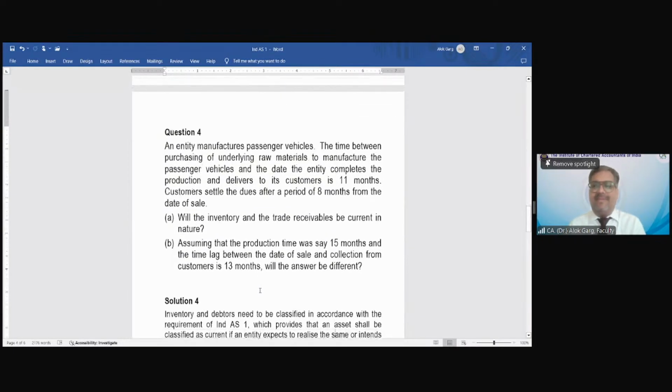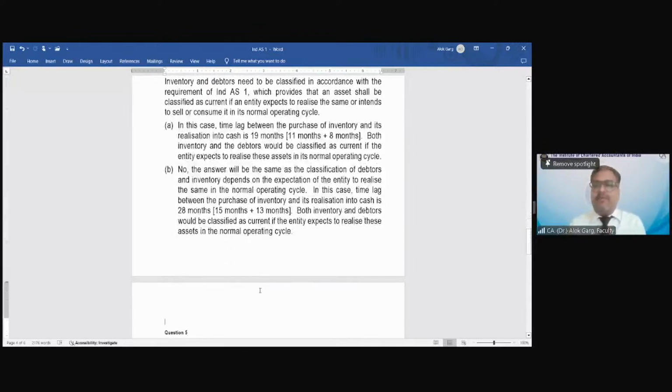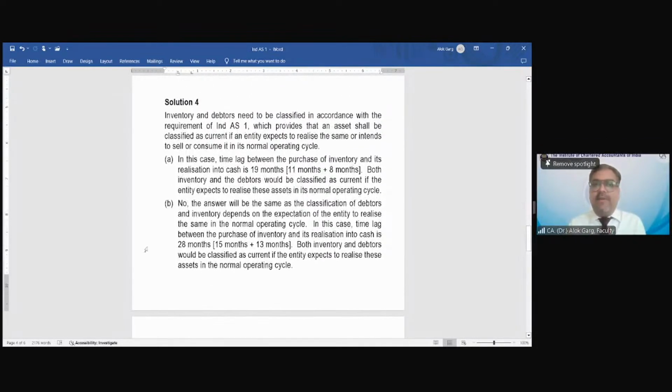Okay. Yes. Very good. So let's read the answer which is there in the Board of Studies material. Inventory and debtors need to be classified in accordance with the requirement of Ind AS 1. And we have seen that Ind AS 1 provides that an asset shall be classified as current if an entity expects to realize the same or intends to sell or consume it within the normal operating cycle.